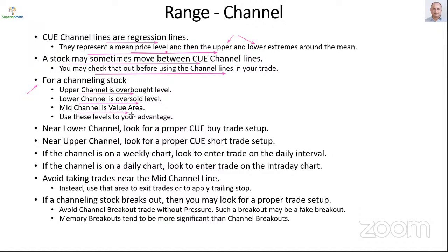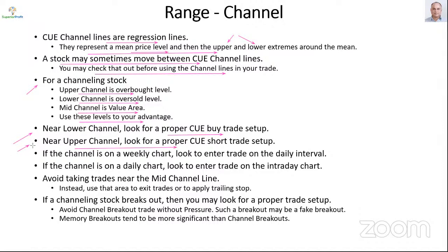The mid channel, which is the average value, is the value area. Use these levels to your advantage. Near the lower channel, look for a proper Q buy trade setup. And near the upper channel, look for a proper Q short trade setup.